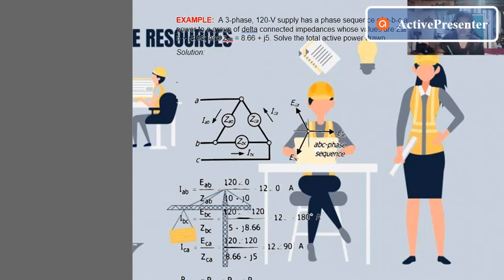According to our problem, we have delta connected impedances. We know that for delta, we have a figure like a triangle with three impedances, which are ZAB, ZBC and ZCA. It is also given that we have an ABC phase sequence.